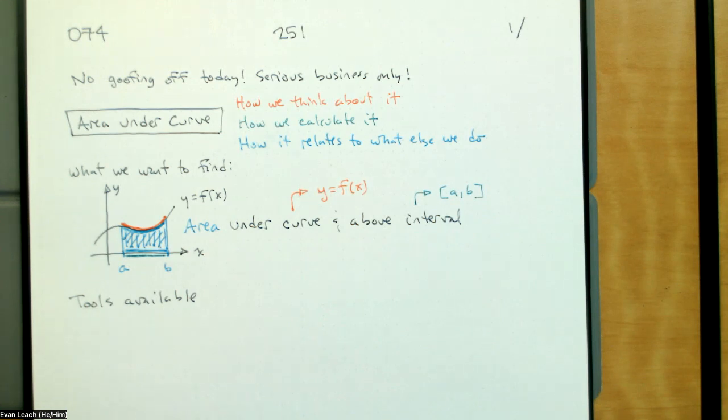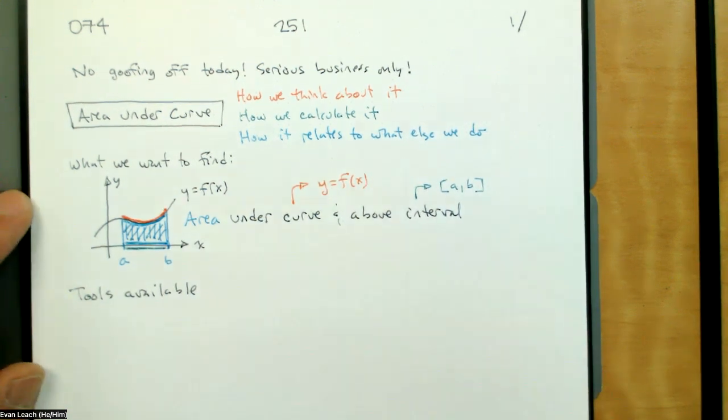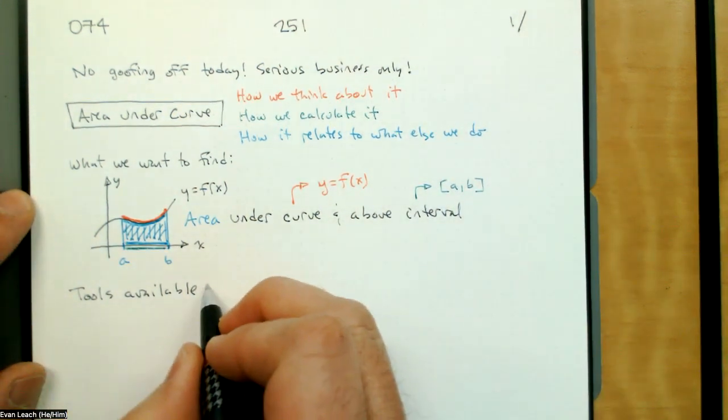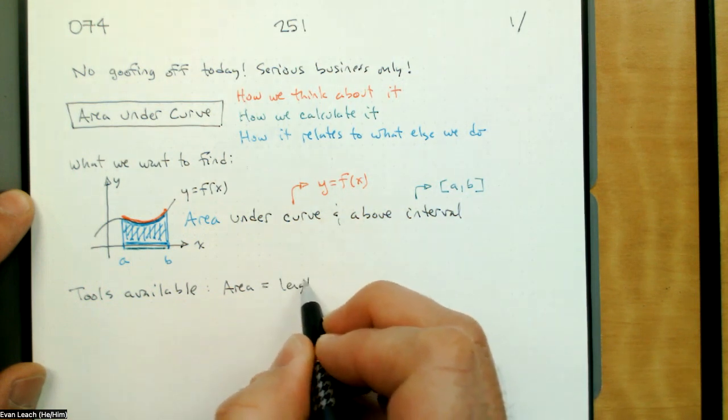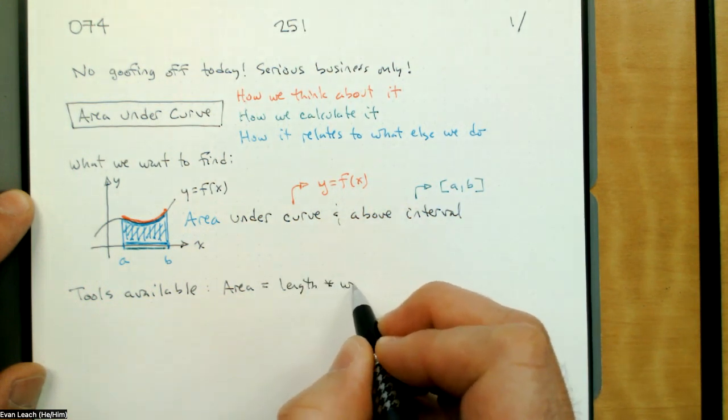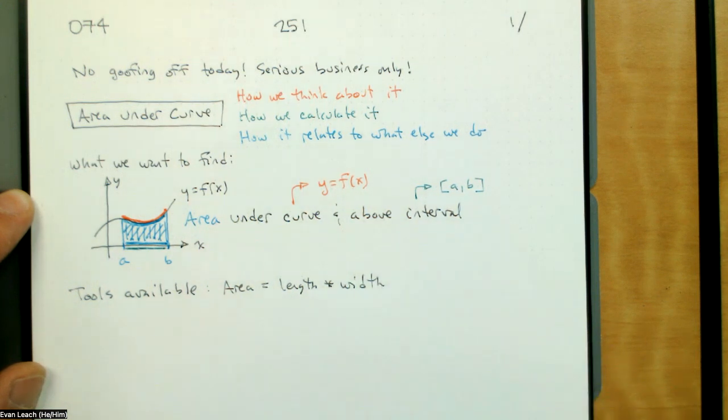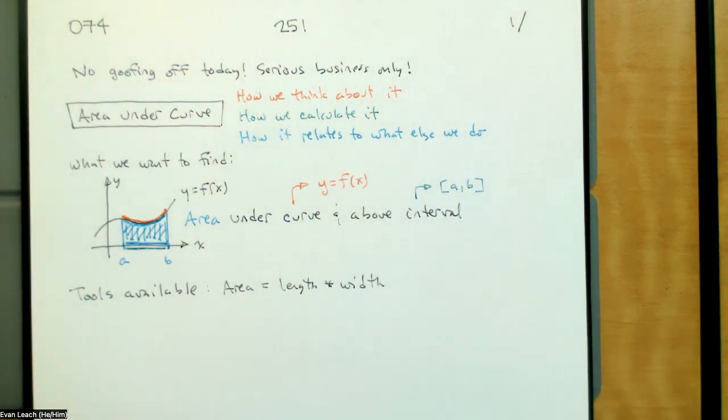Area is equal to length times width. This is just the base idea of area. This is what we mean by area. There's some horizontal distance, there's some vertical distance. We just multiply those two things together.